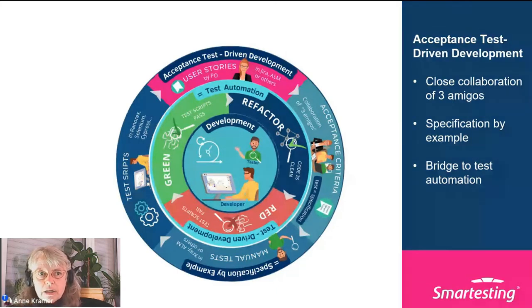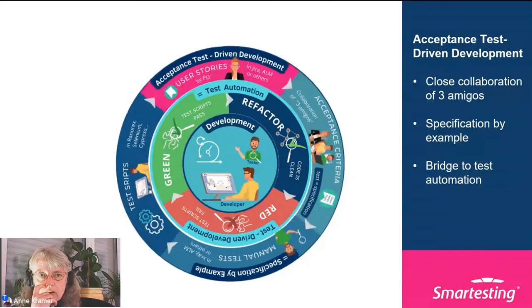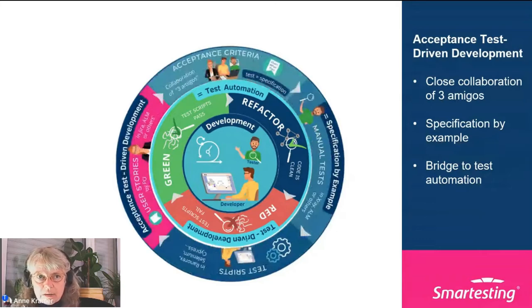The idea of acceptance test-driven development is that you start with the user stories that are written by the product owner in some collaboration tool like Jira, Microsoft ALM, or others. And then the user stories are quite general. They need more explanation, and this explanation is given through the acceptance criteria.